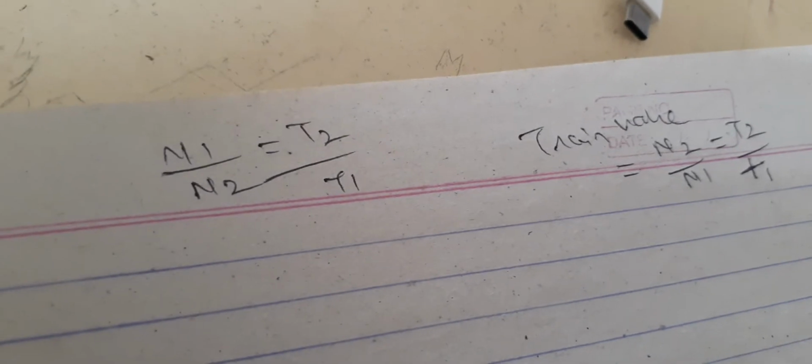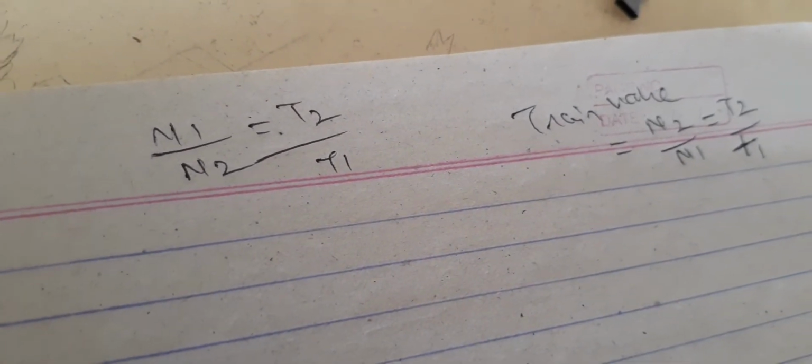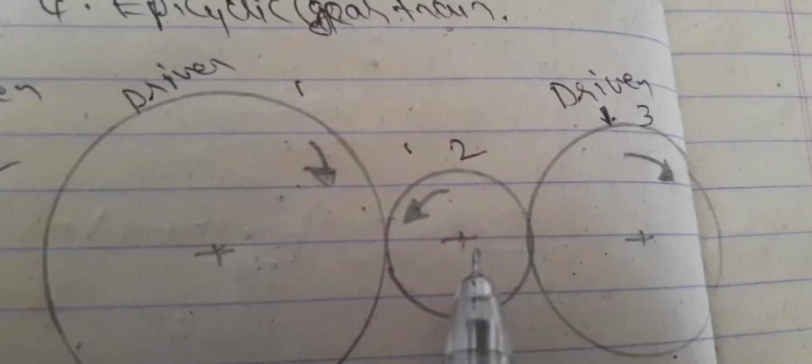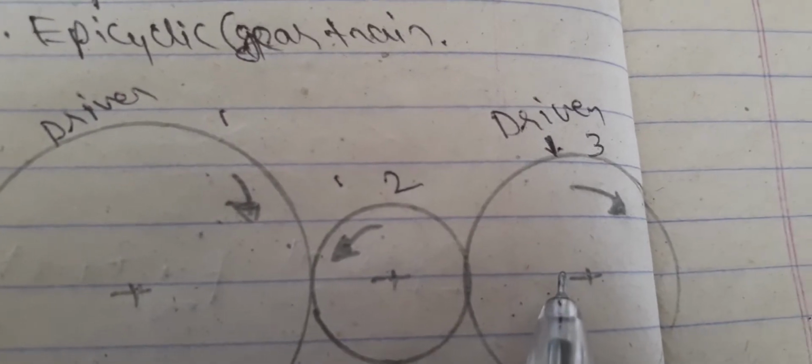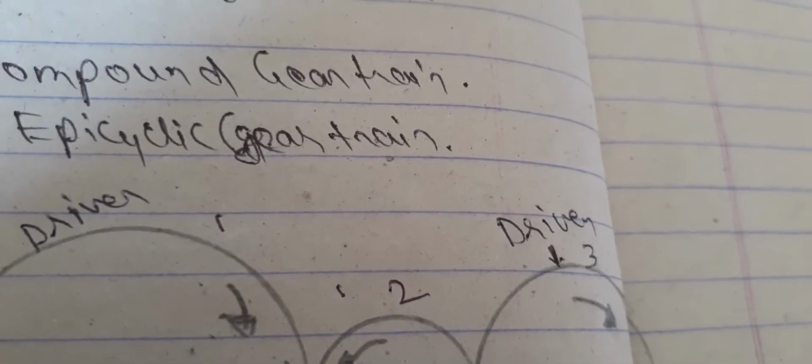Okay, and next, since the driving gear 1 is meshed with the intermediate gear, you can see this is the driver, intermediate gear and a driven.